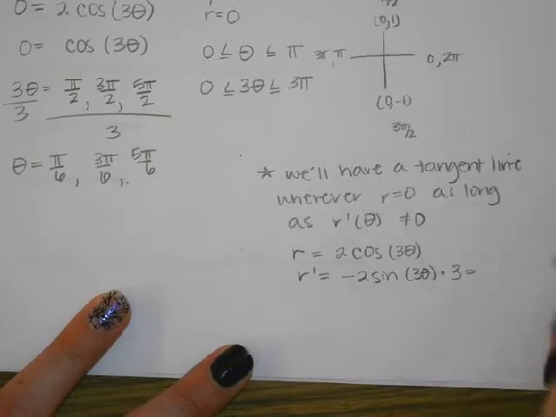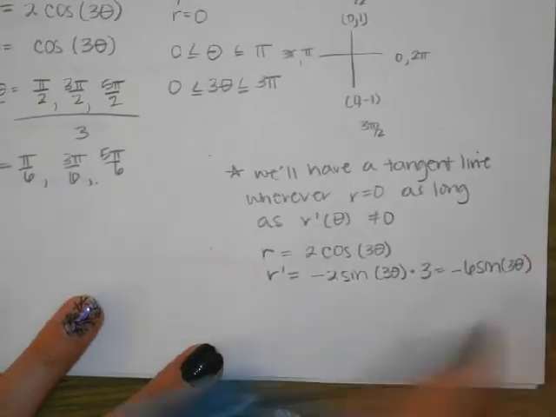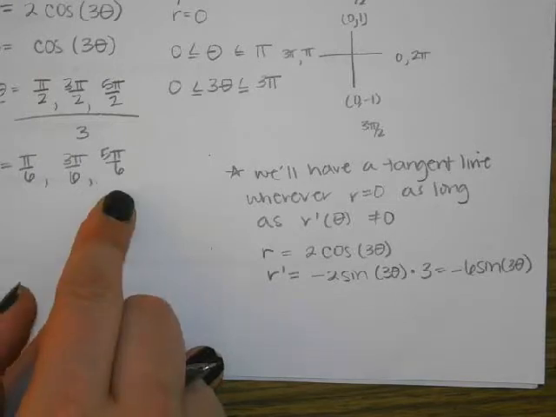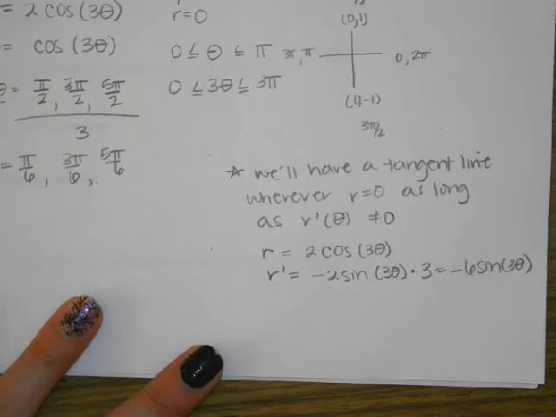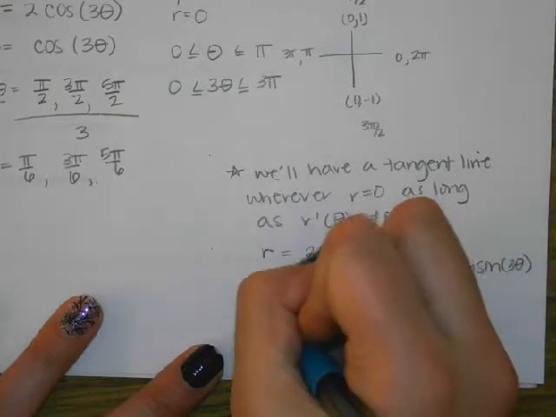So r prime is negative 6 sine of 3 theta. So what we have to do is check each of these 3 locations where we think that point might be, and make sure the derivative does not equal 0 at any of those points.